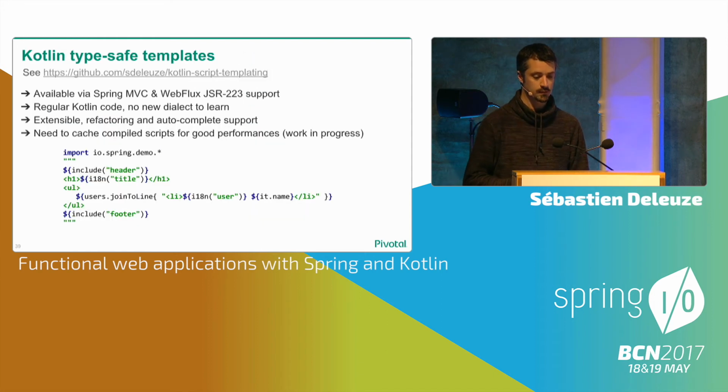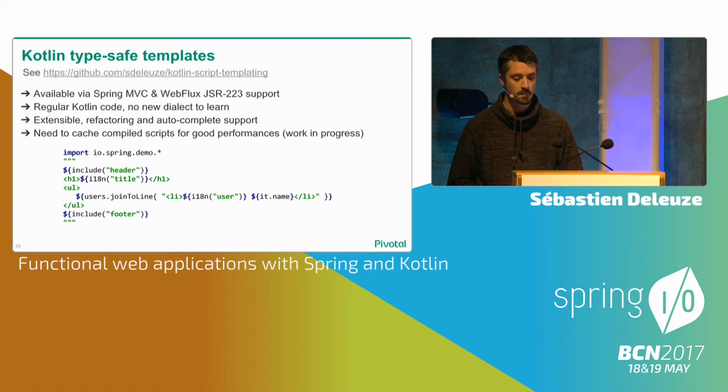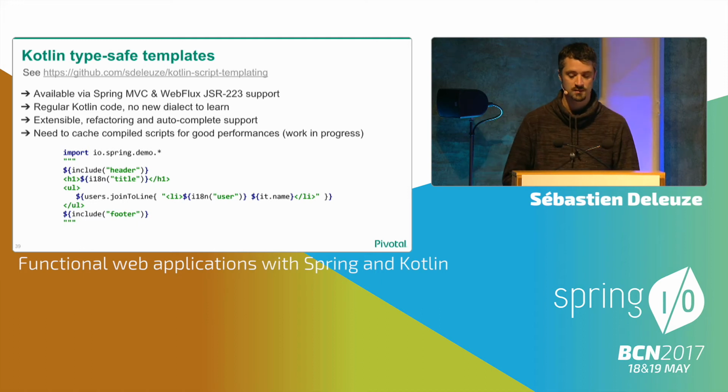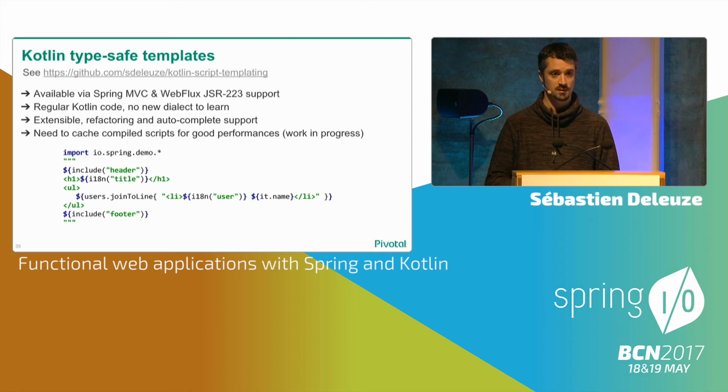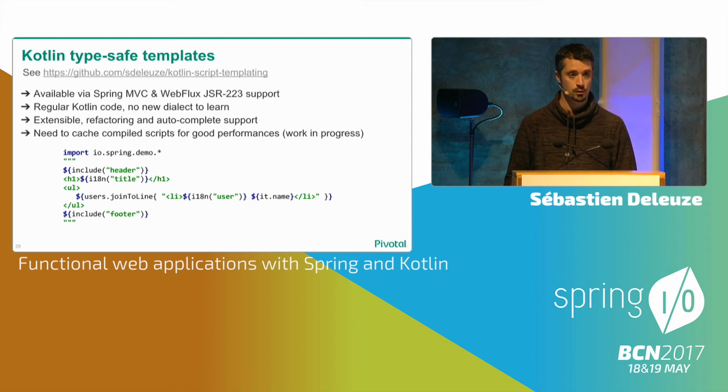Like you have seen, I like to promote using Kotlin everywhere. So why not use it to write type-safe templates? I mean Spring MVC view templating. So there is JSR 223 support in Spring MVC, and we have added support in Spring WebFlux as well. That allows you to write templates with regular Kotlin code.